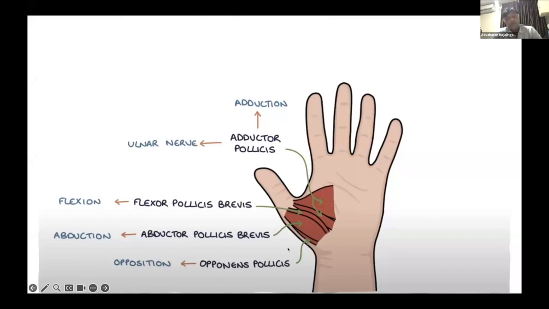Again, as discussed by the previous speaker, it is important to know that there is no sensory loss in this particular thenar eminence. So there can be atrophy, but the sensory loss will not be there because it is supplied by the palmar-cutaneous nerve branch.